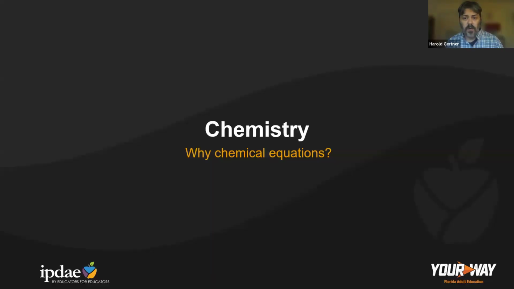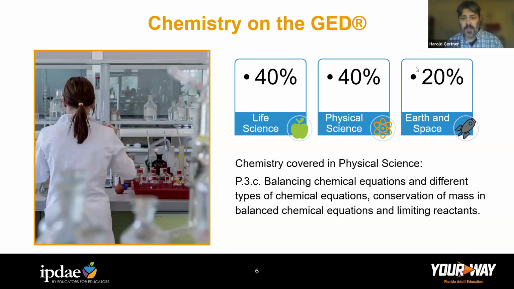So chemistry, why chemical equations? Well, they're on the GED is the simple answer, and that's what we're here talking about preparing students for. They're covered in the physical sciences portion of the GED. The GED science section is broken down like I have on the board here, approximately 40% to life sciences, 40% to the physical sciences, and 20% to earth and space science.